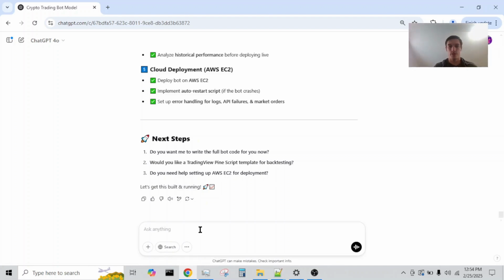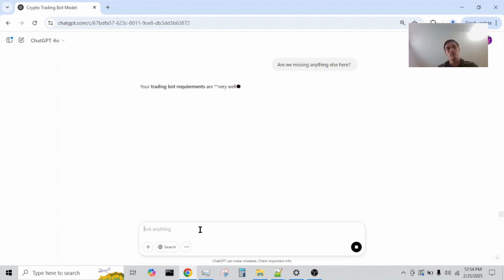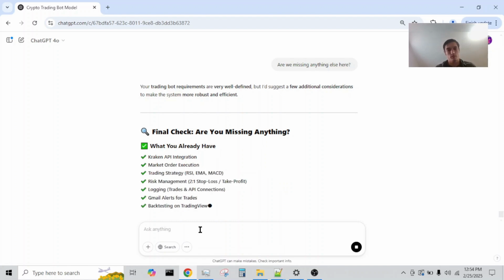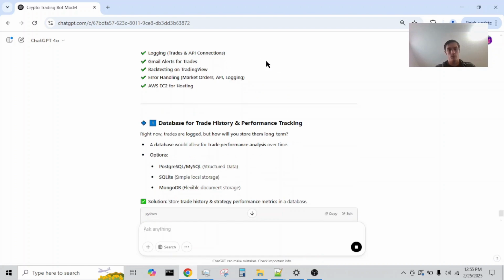Yeah, we'll need help with all sorts of stuff. We're gonna use you. But are we missing anything else? Okay, so it's basically just saying our logging could turn into a database.